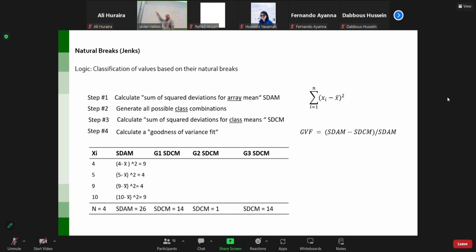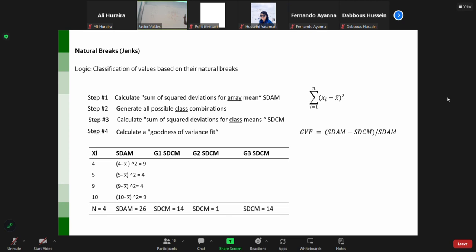Yes. Okay, great. So now, for the first possible combination, what will be the first possible combination? 4, 5, 9, and 10. 4 is one group, and 5, 9, and 10 is another group. That would be the easiest thing, isn't it?